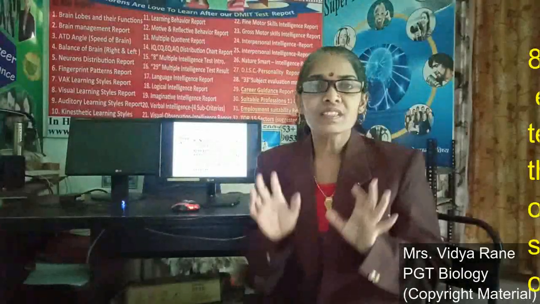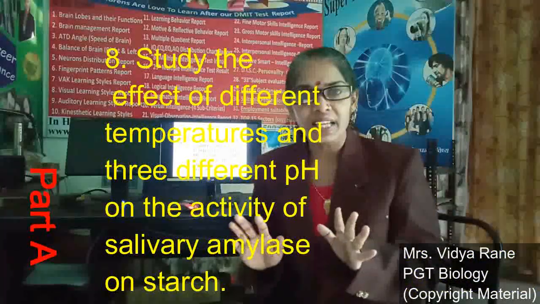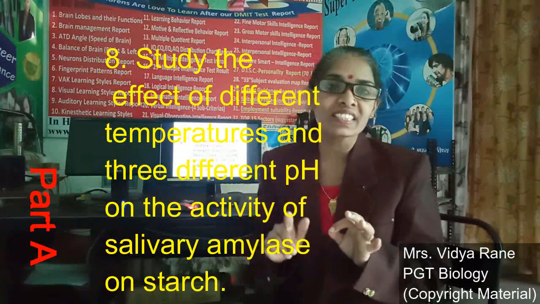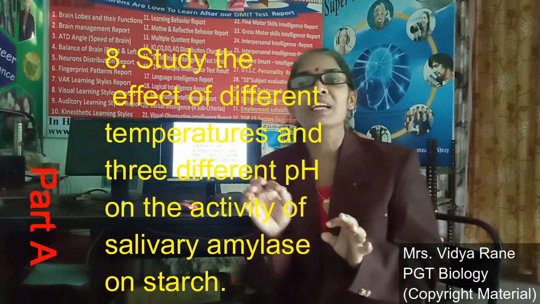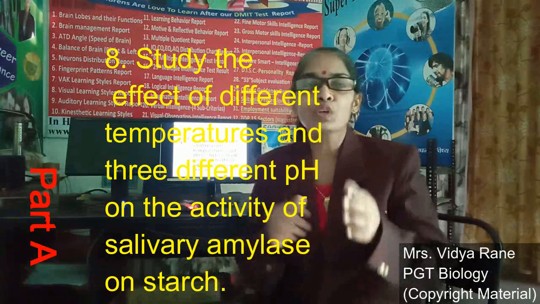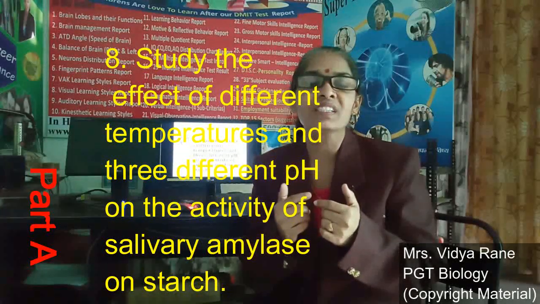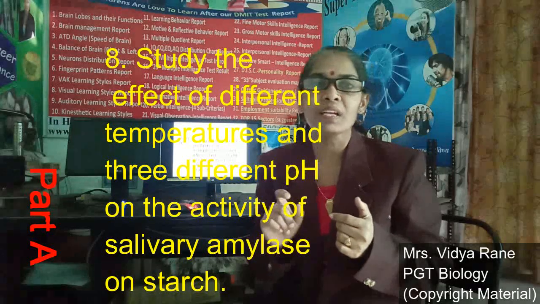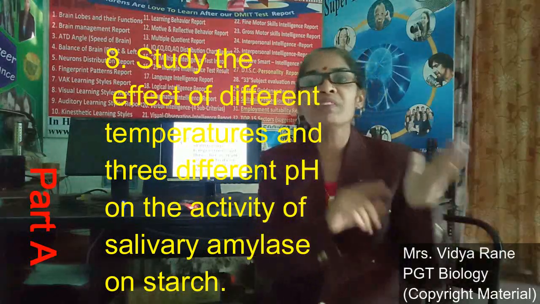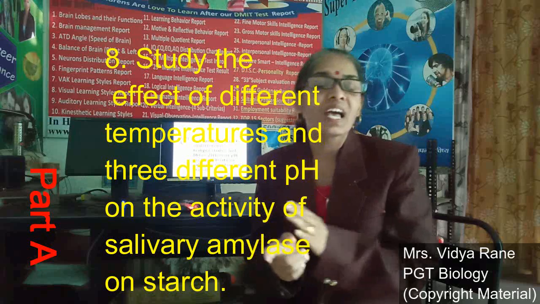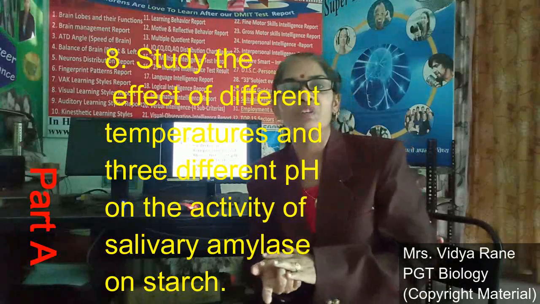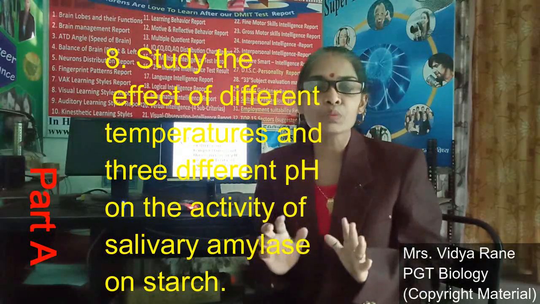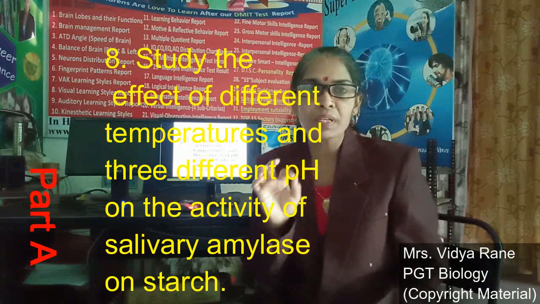You know that starch is a carbohydrate and this starch is digested by the salivary amylase enzyme. So in its activity of digesting starch by salivary amylase, how the temperature will affect this process and how the pH will affect this process, you are going to study in your experiment number 8.